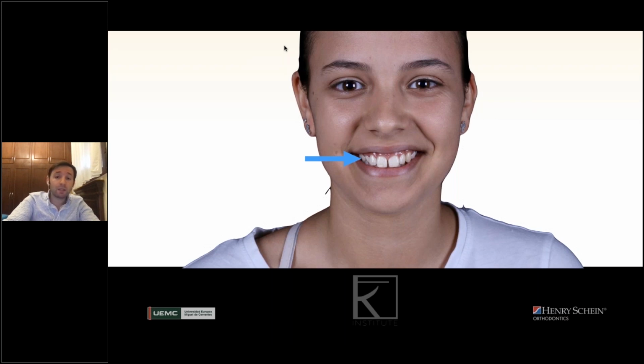Imagine the situation that I don't know where the canine is. If I don't know where the canine is and I make a periapical, it's not so accurate in order to take the canine and make the traction to the right position.